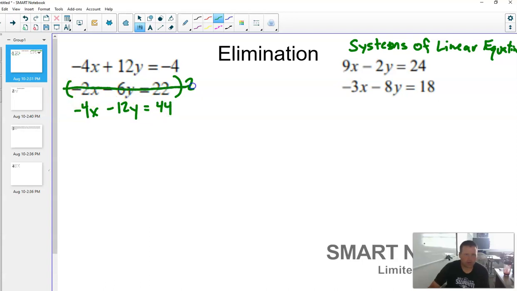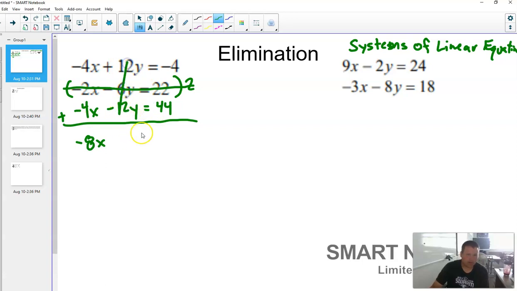So I'm going to use that equation instead of the one I just had there. And then I'm going to eliminate by adding or subtracting straight down. In this case, I'm just going to add straight down. When I do that, I have negative 4x plus negative 4x, which gives me negative 8x. And then notice what happens to the y's. I've got 12y plus negative 12y, which gives me 0y.